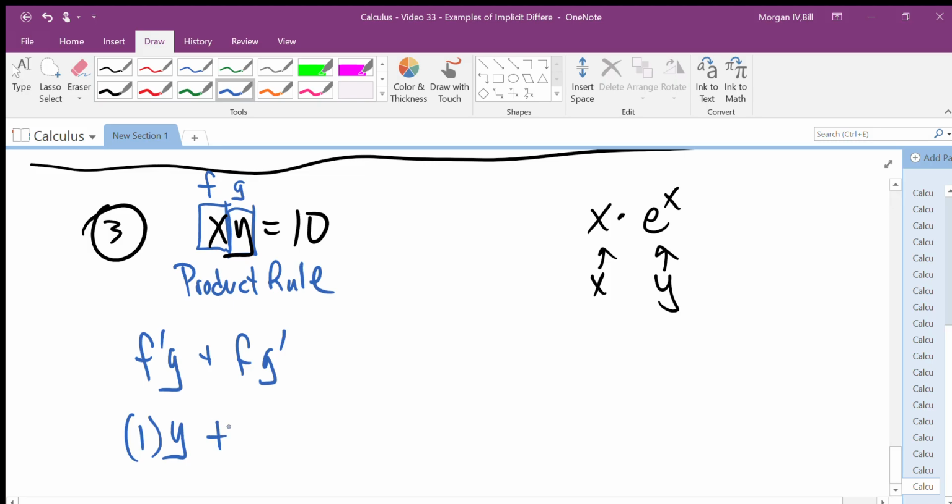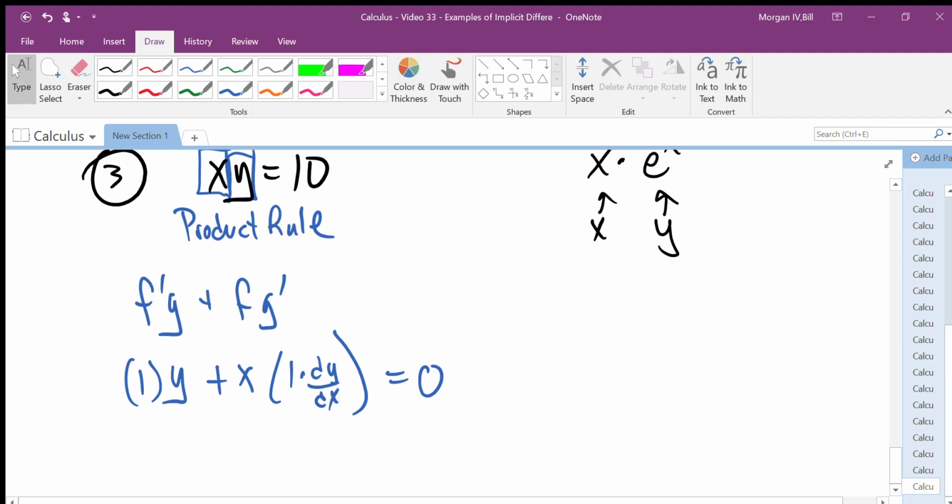Plus, we're going to leave the f, that's the x term, times g prime. Okay, this is the derivative of y, which is 1 times dy/dx. And again, I have the dy/dx here because I'm taking the derivative of the y term. Is equal to the derivative of 10, which is 0. And we get y plus x dy/dx equals 0.